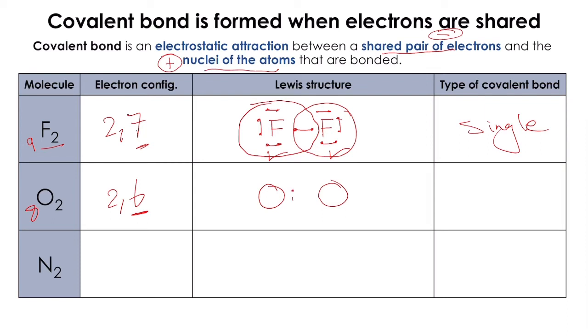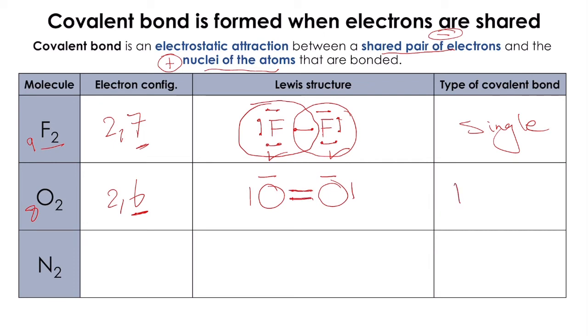So we have 1, 2, then how many electrons are left over? We have 1, 2, 3, 4. This line is representing 2 electrons, or a pair of electrons. Same here, 1, 2, 3, 4, 5, 6. We cannot mix between dots and lines, so we'll make this line, as you can see here. And this line is representing the covalent bond.